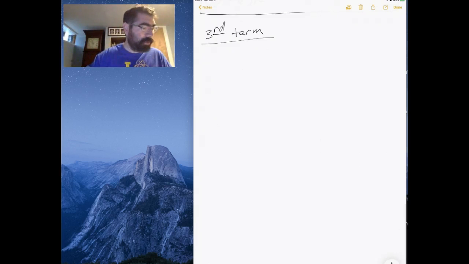For the third term, we have the curl of v in there. The third term is actually r cross the curl of v. So let's take a look at the curl of v first.